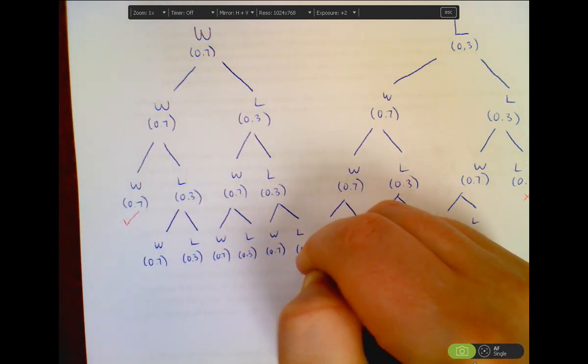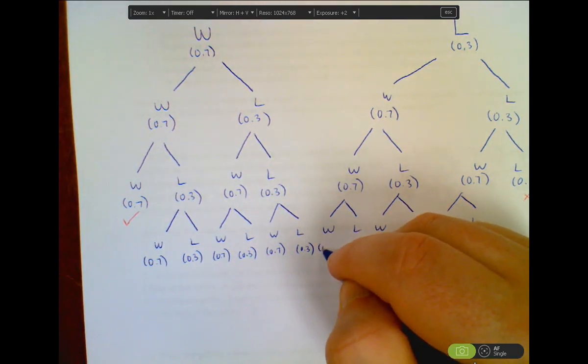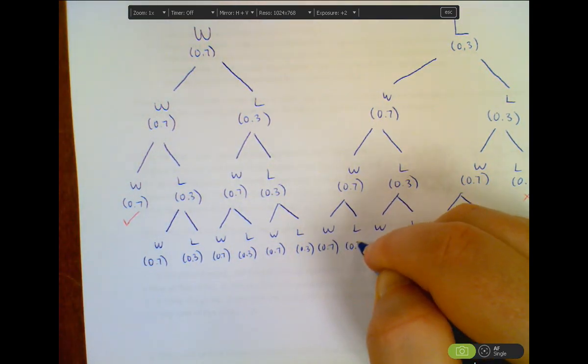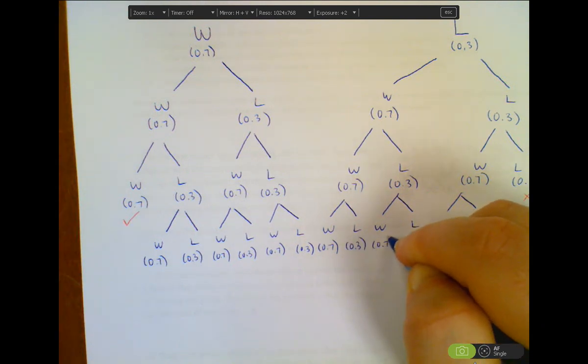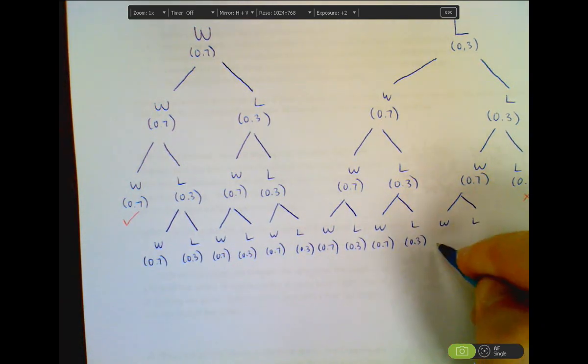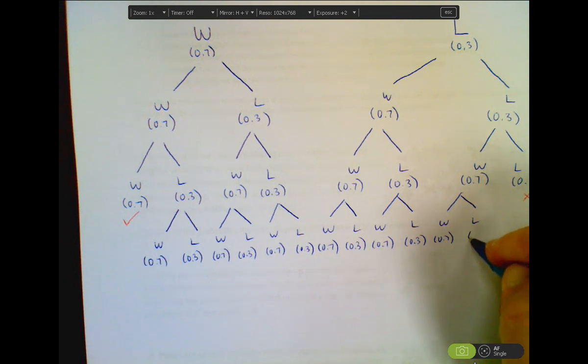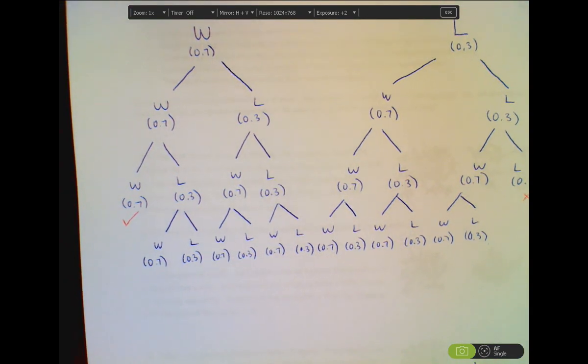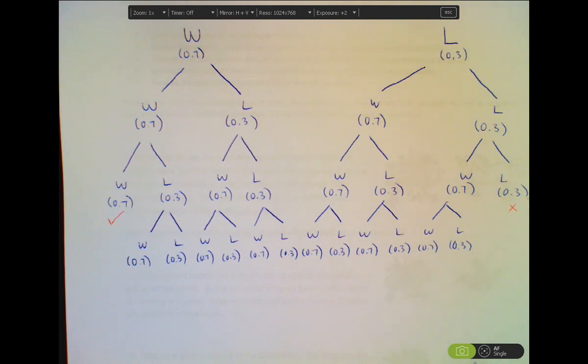0.7, 0.3, 0.7, 0.3, 0.7, 0.3. All right. This is for game 4. So you have to be careful now, and we got to think about which of these branches are going to end.